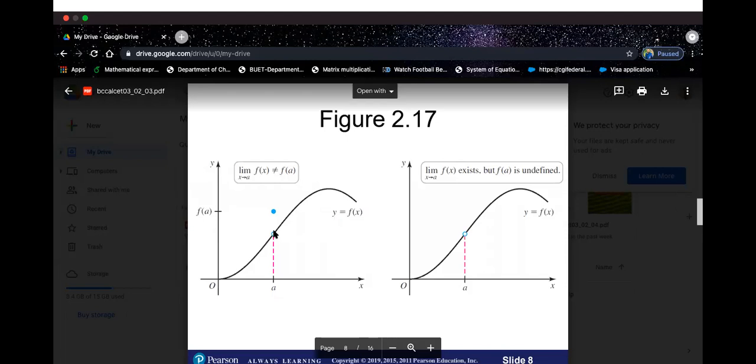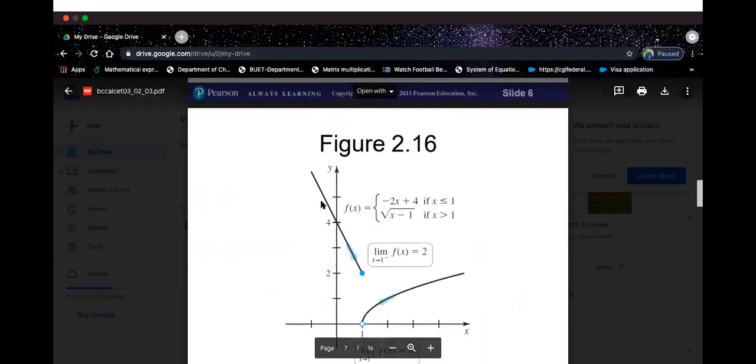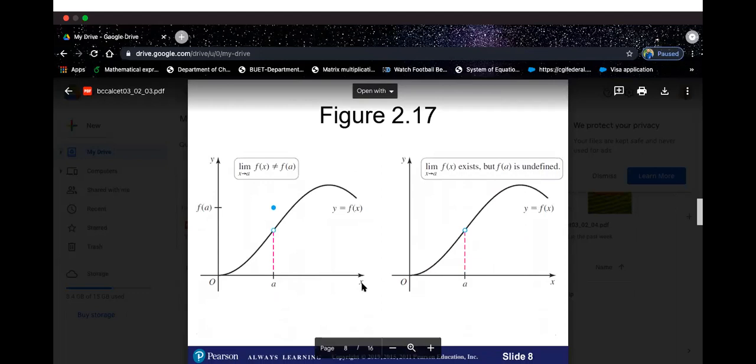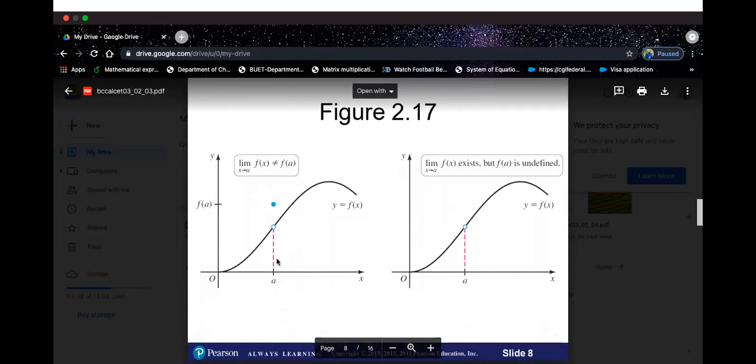But when we are approaching towards a, as I said, we don't really need to have a defined value here. We are just approaching towards this point and seeing where our graph is approaching. And from either side, I can see my graph is approaching towards this hole.